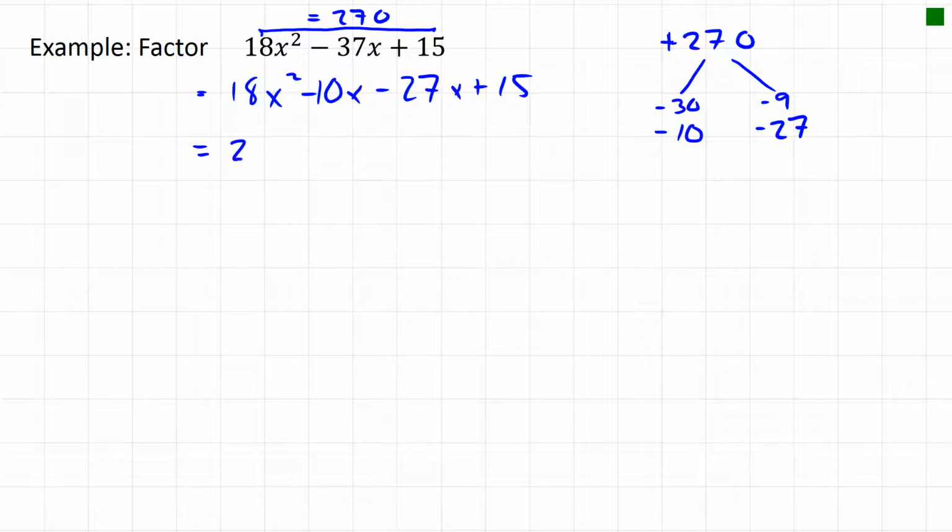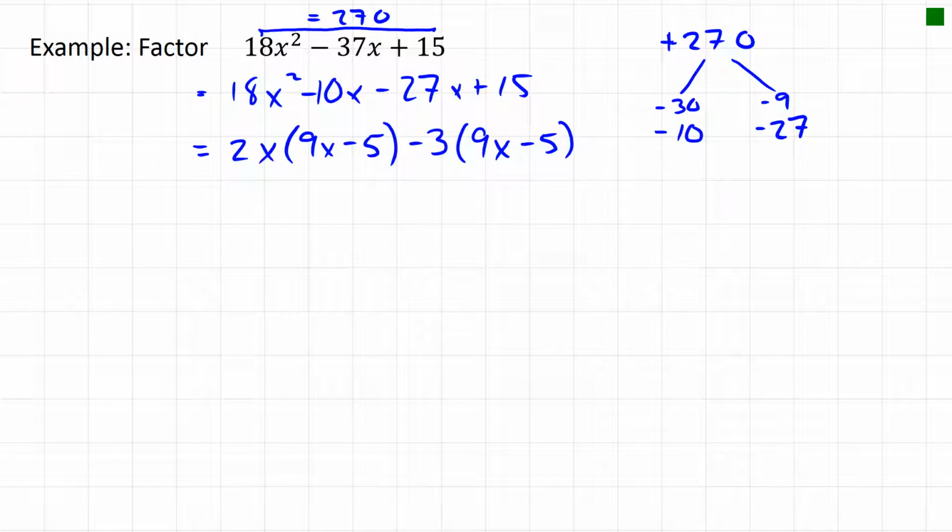In this first set, we can pull out a 2x, leaving 9x minus 5. And in the second bracket, I'm going to pull out a negative 3, and that will leave me with negative 27 divided by 3 is 9x, and plus 15 divided by negative 3 is negative 5.